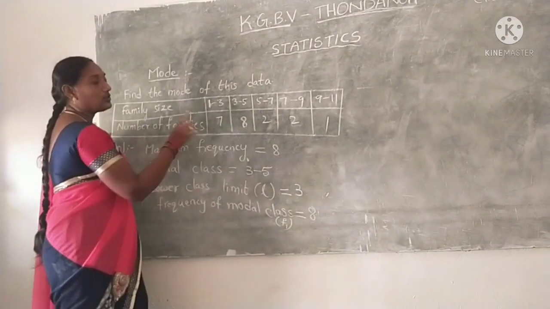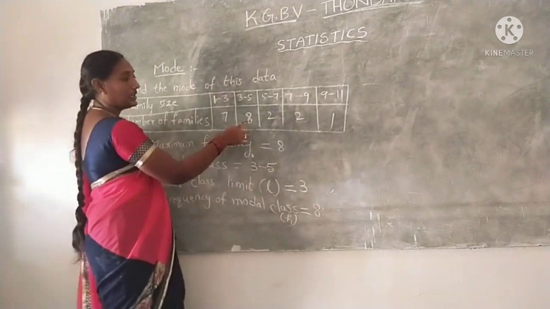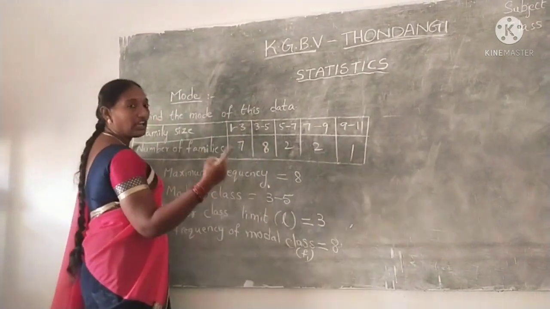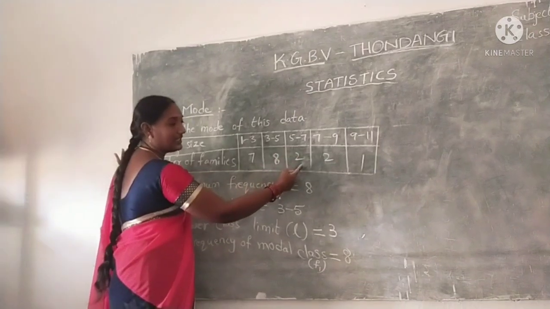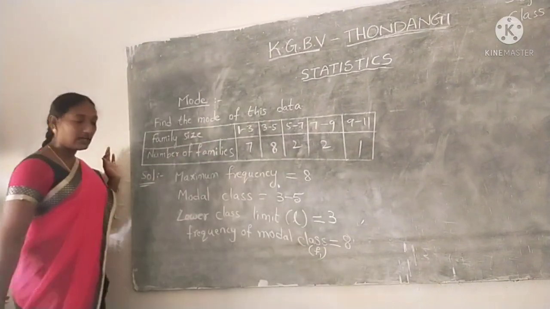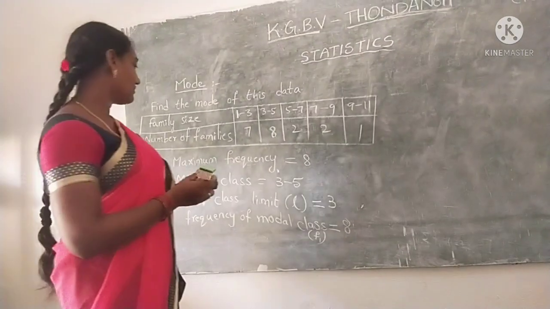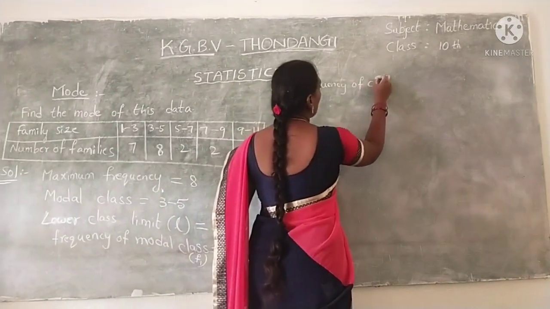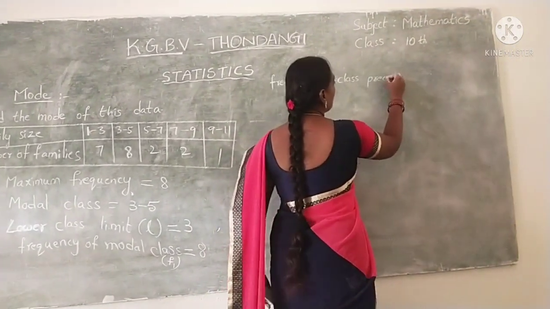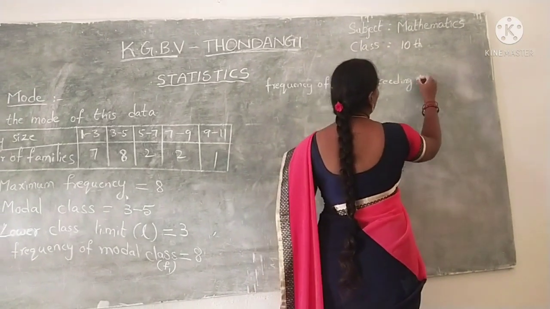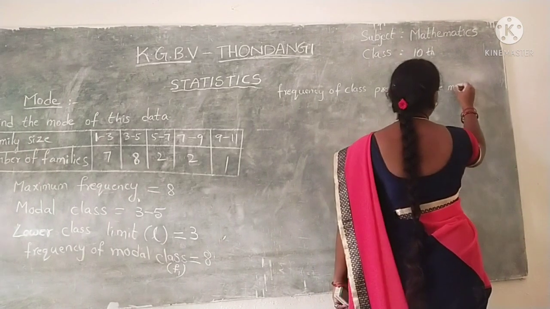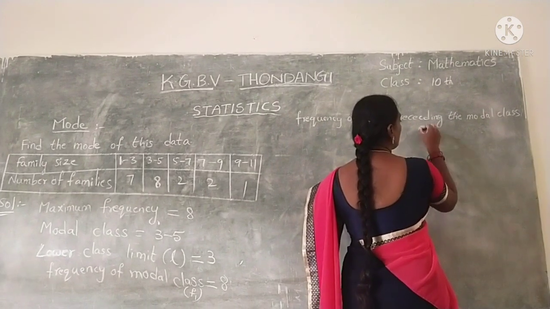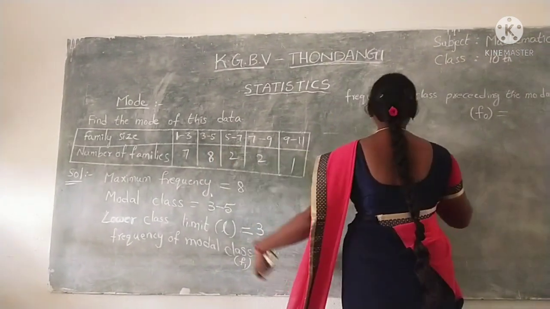So what is the value of F0? F0 means the frequency of the class preceding the modal class, and F2 means the frequency of the class succeeding the modal class. So F0 means here 7.